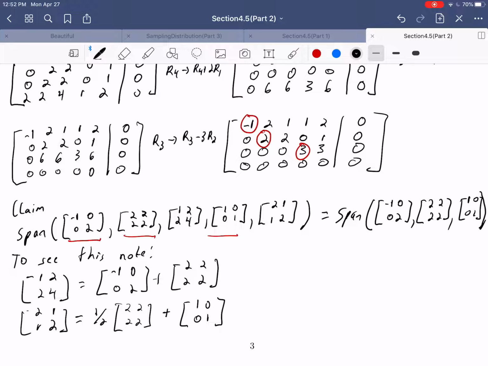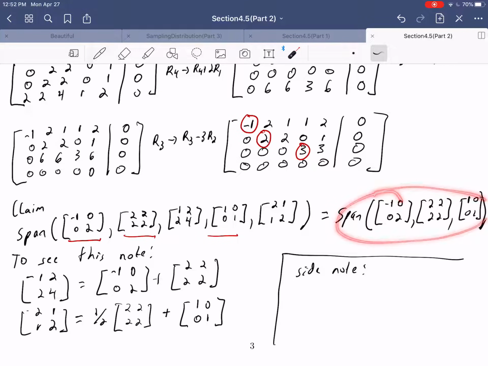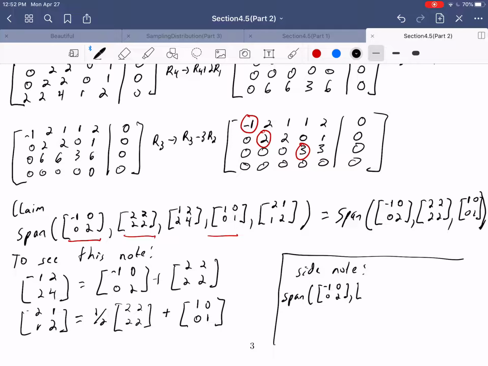Last little comment here, just as a side note. If you want, you can check on your own that the span of these guys, the span of -1, 0, 0, 2, 2, 2, 2, 2, 1, 0, 0, 1, is a very special subspace. It is equal to the set of all matrices A such that A equals A transpose, A an element of M2R.